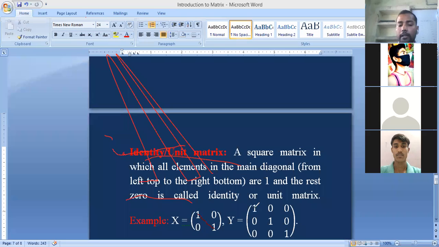In the same way, in the second one you can see the 1s are given to us in the form of a diagonal from the left top to the right bottom, and the matrix is also considered a square matrix because of the equal number of rows and columns. That's why the given matrix is a unit matrix.